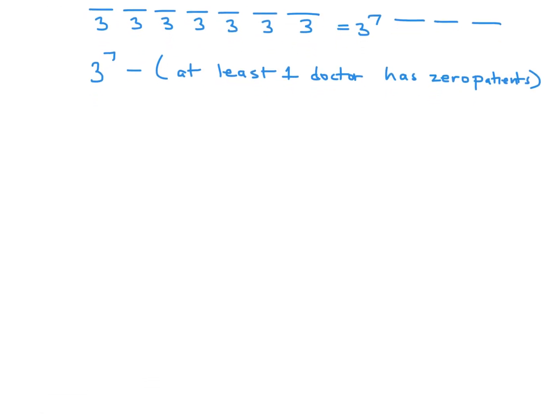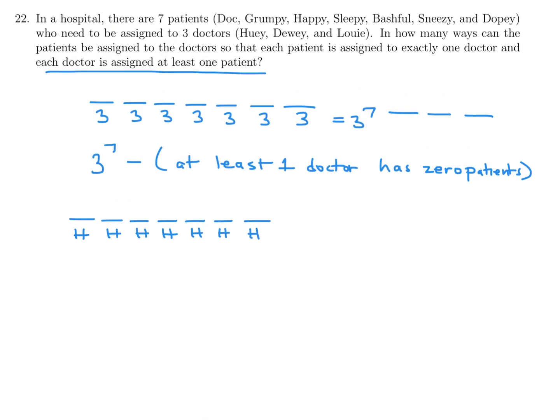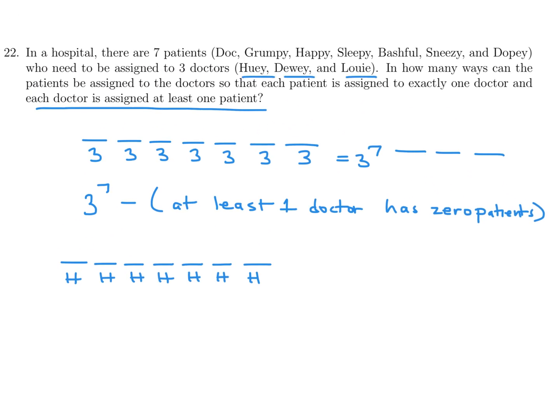So, there's a few scenarios here. The first way is to give the same doctor to everybody. So if everybody had the doctor whose name begins with the letter H, then the D doctor and the L doctor, whatever their names are, Huey, Dewey, and Louie, Dewey would have no patients and Louie would have no patients.